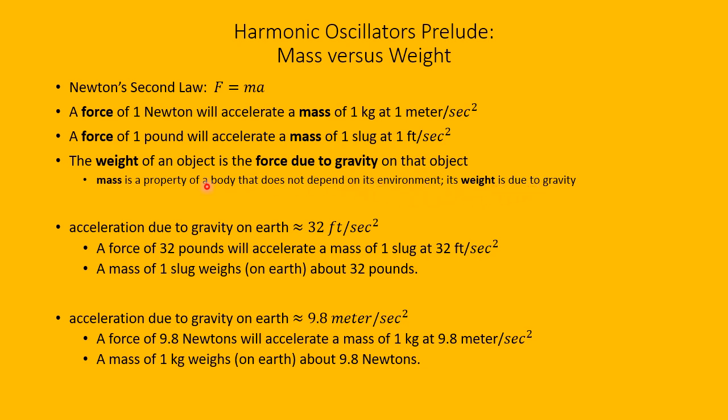For instance, on Earth, the acceleration due to gravity is approximately 32 feet per second squared at the surface of the Earth. So a force of 32 pounds will accelerate a mass of 1 slug at 32 feet per second squared, just multiplying by 32 using force equals ma.